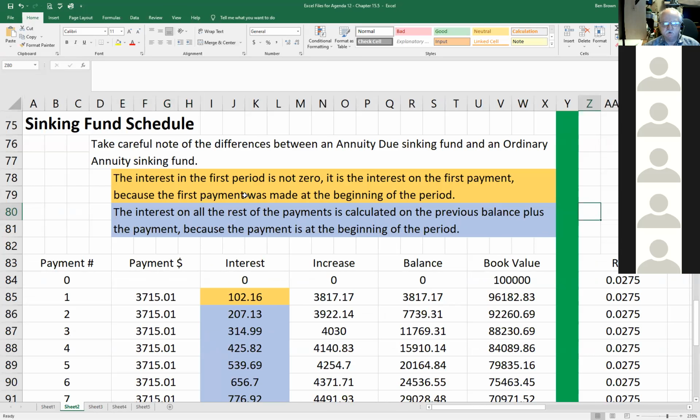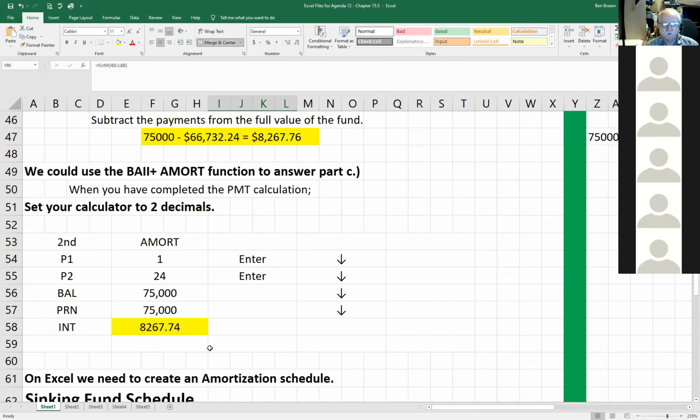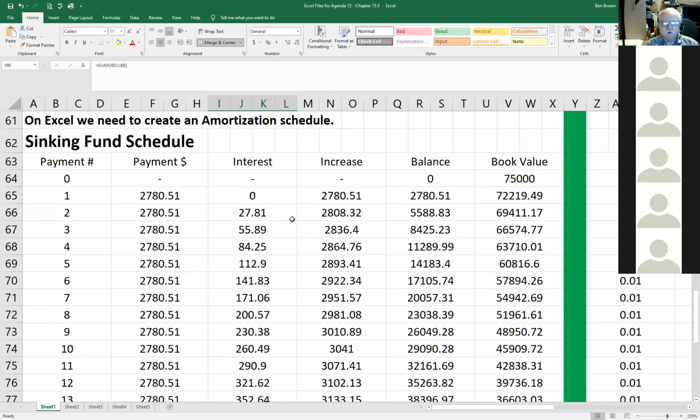Because it's annuity due, and you're putting the payment in at the beginning of the period, you're going to get interest on the first period here. Let's look back at the previous one we did. Notice here, because this one wasn't annuity due, and we didn't put the payment in till the end of the period, we didn't get any interest here.